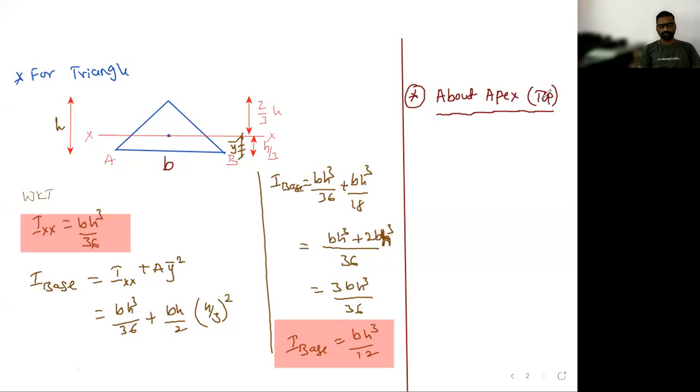I will check who will solve. Everything is given in the figure. About top, apex. Here I wrote base, in that write top. That's all. Write I about top, I about apex.